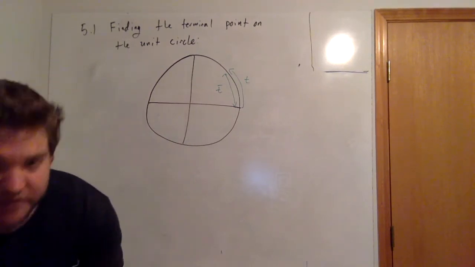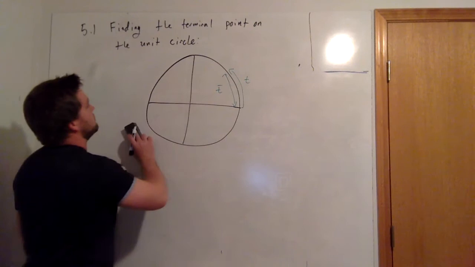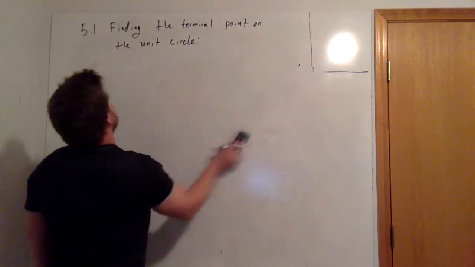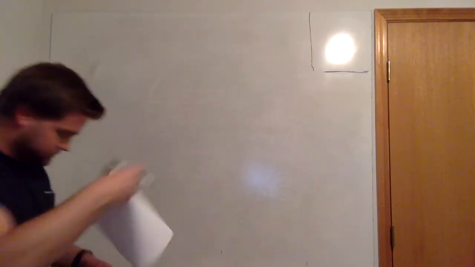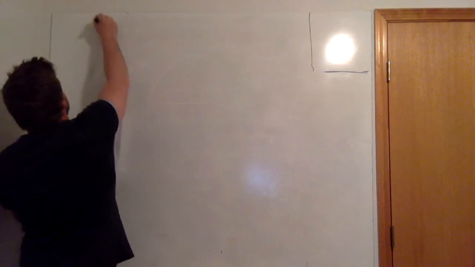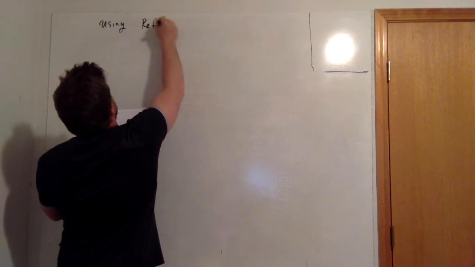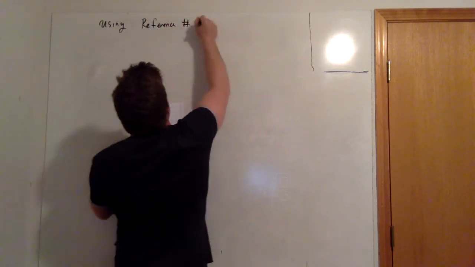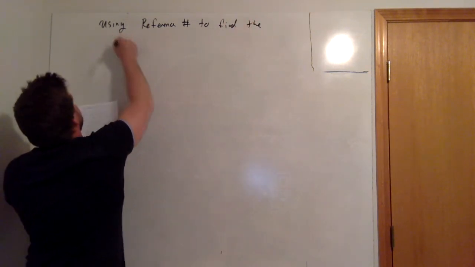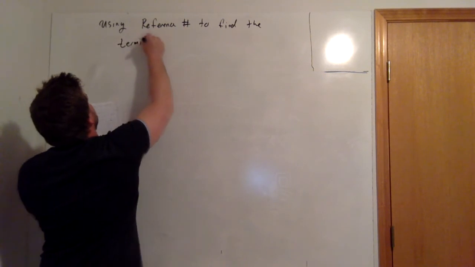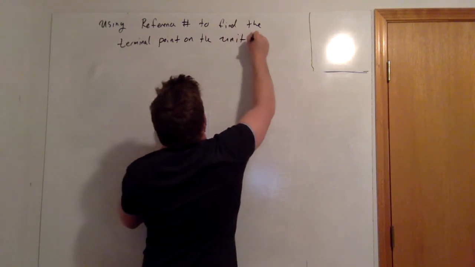Okay, so now let's go through an exercise of finding the terminal point on the unit circle if I've traveled a distance t around the circle. There are certain steps that you'll follow, using the reference number to find the terminal point on the unit circle.